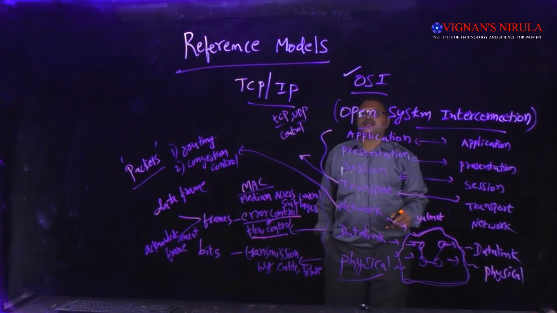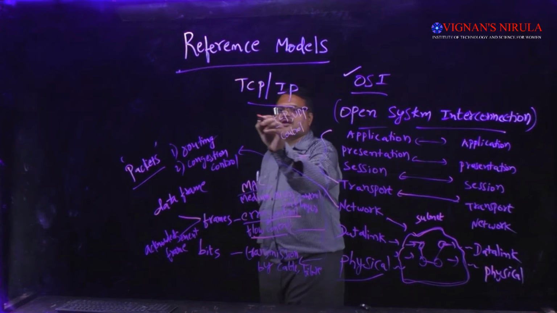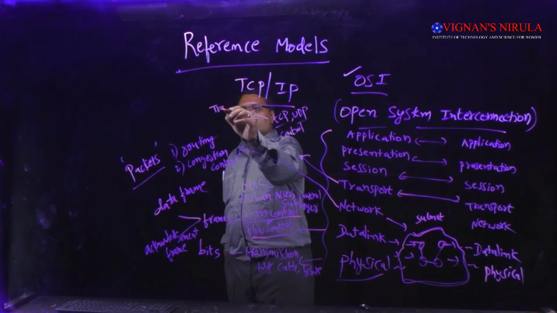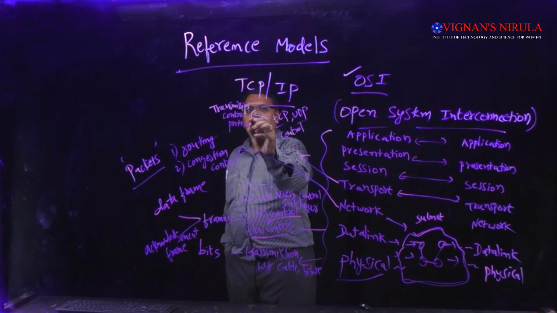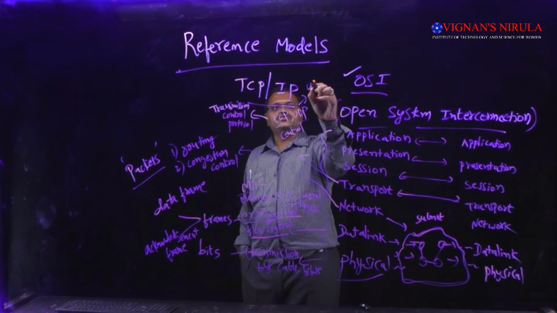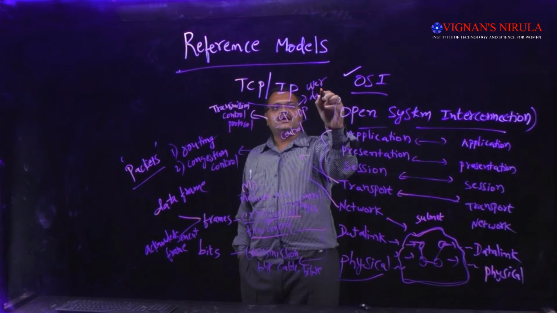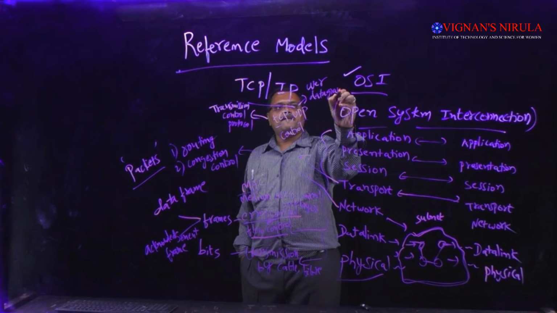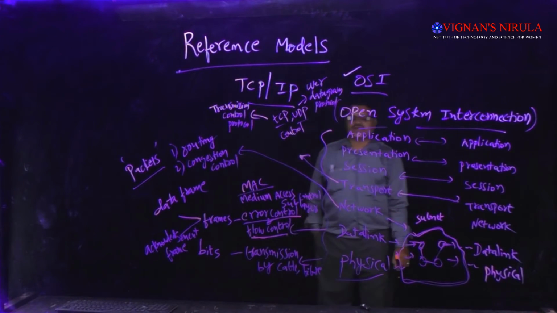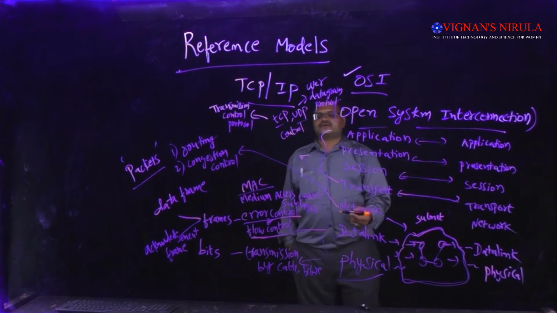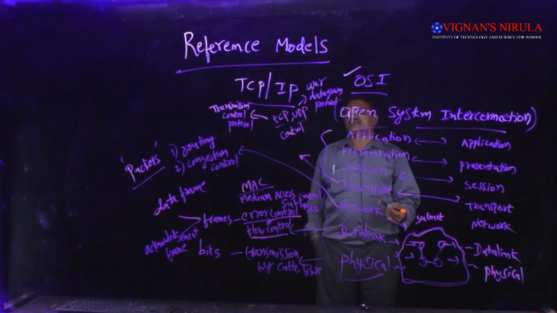TCP is the Transmission Control Protocol, and UDP is the User Datagram Protocol. So there are two types of protocols which we study in the transport layer, one is TCP and the other is UDP.